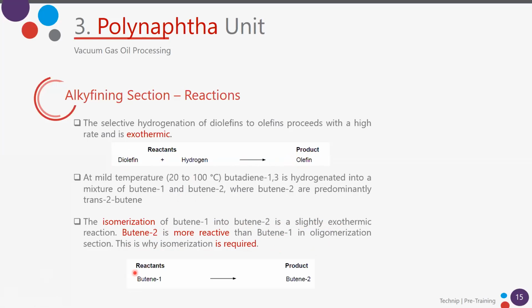So this is the isomerization reaction, the butene 1, without any other, it's only an isomerization reaction. It will get transformed into butene 2. It would only change the carbon where you have the double bond, okay?